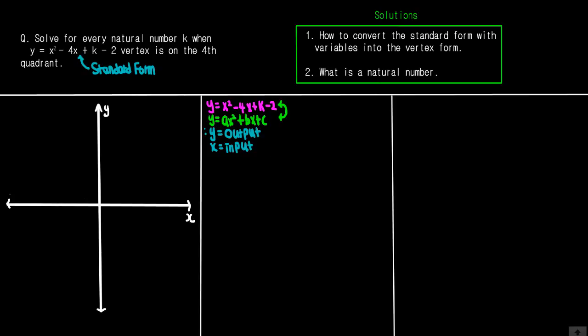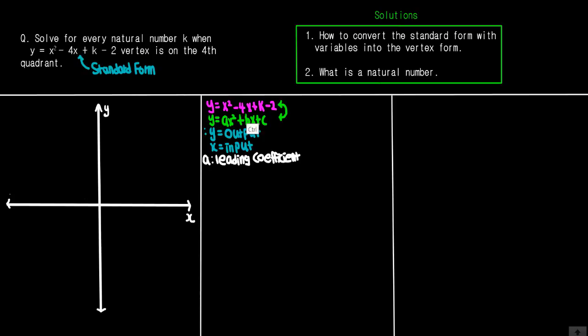Now let's think about what a is. a is the leading coefficient. Let's think about what a leading coefficient is. The leading coefficient is the coefficient of the highest degree power.